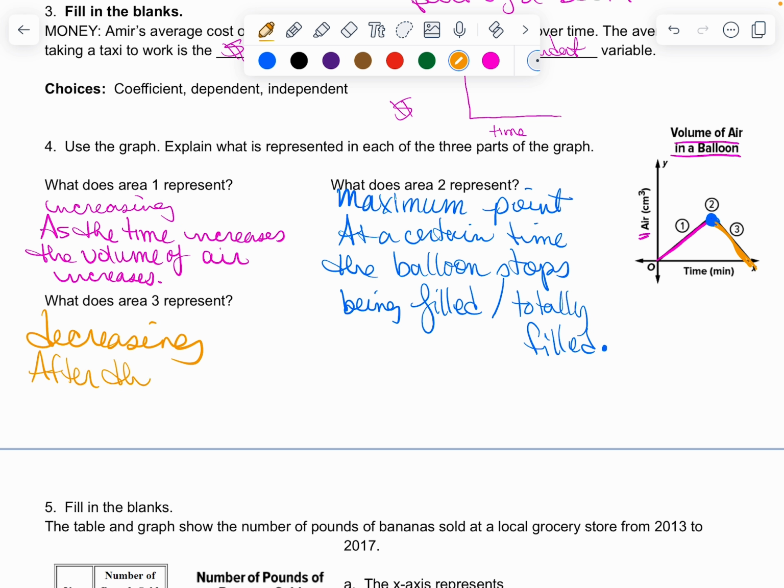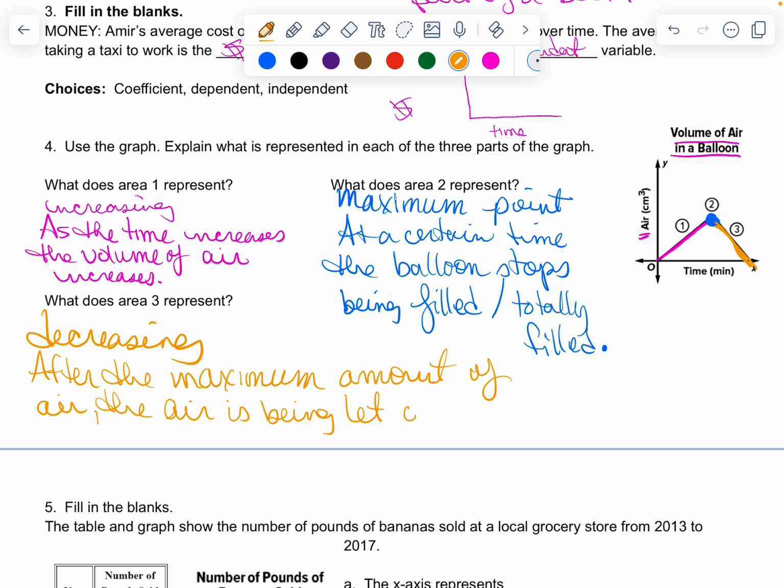After the maximum amount of air, the air is being let out until there is no more air in the balloon.